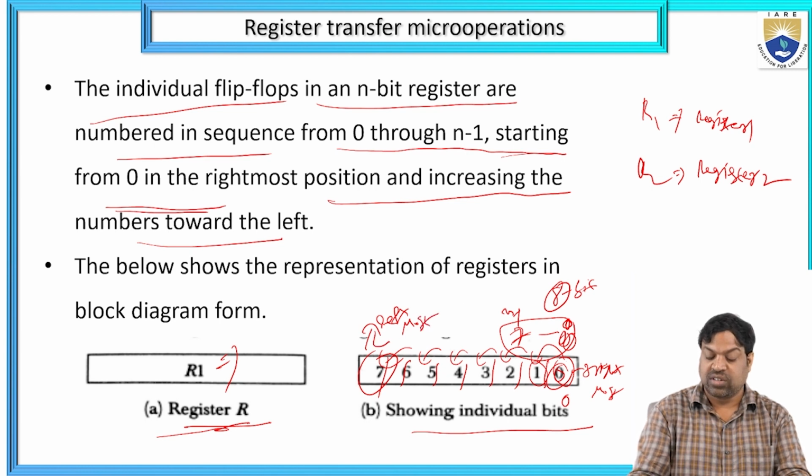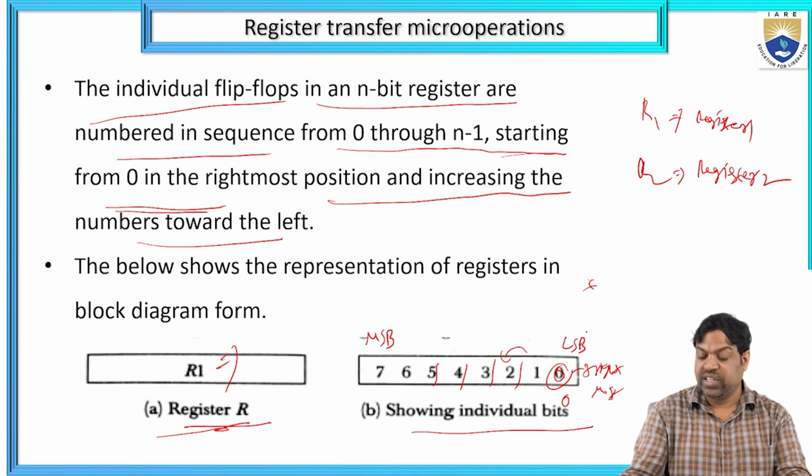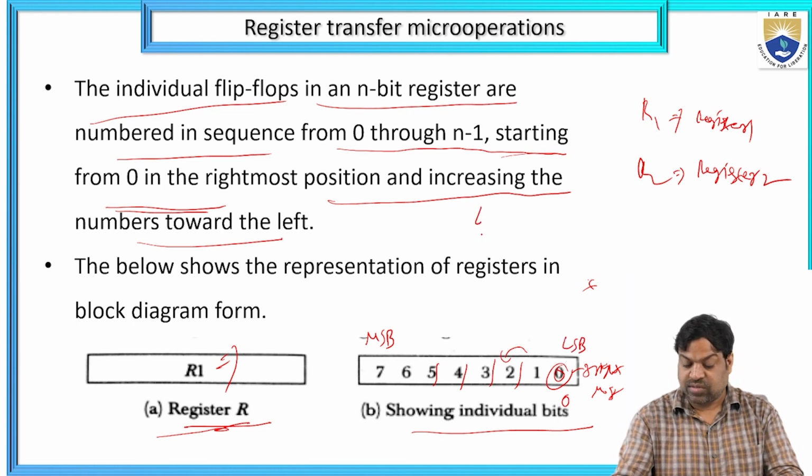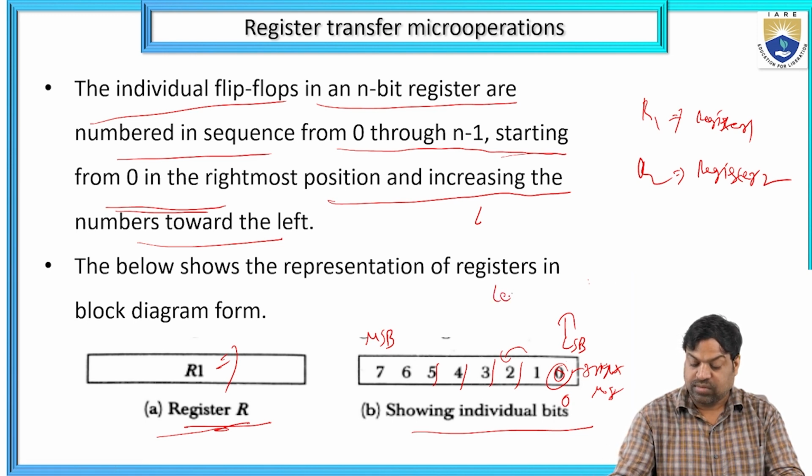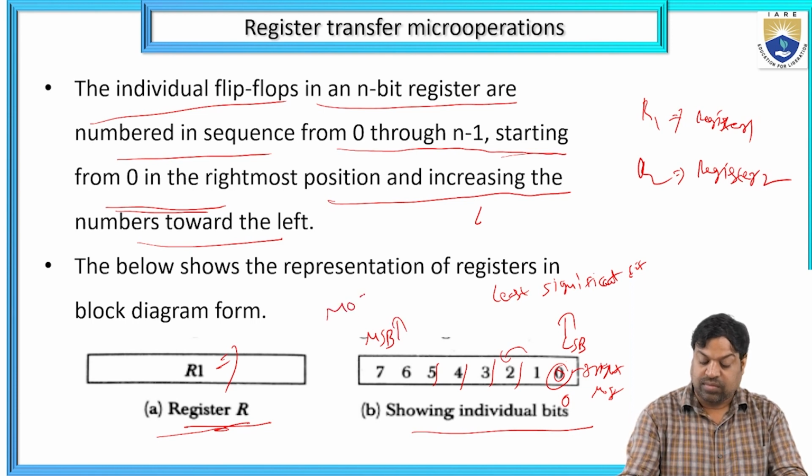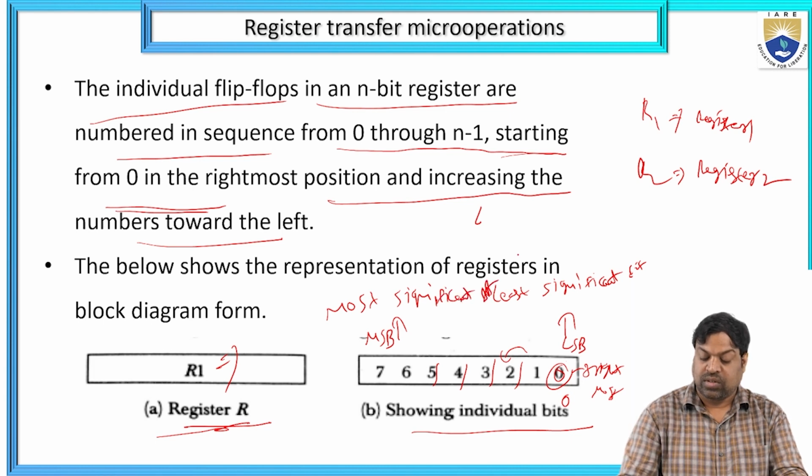It is also called MSB, most significant bit, and LSB, least significant bit. So MSB is the most significant bit, LSB is the least significant bit.